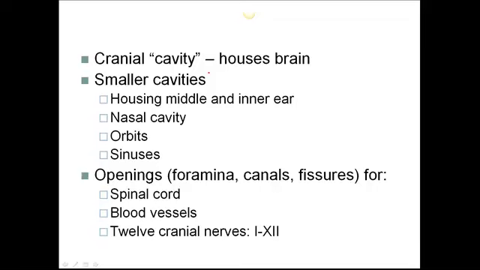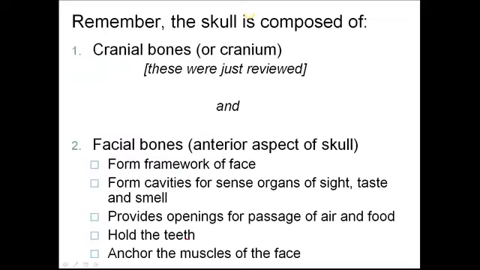The cranial cavity houses the brain. The smaller cavities are like the middle ear cavity, the inner ear cavity, the nasal cavity, the orbits, that's the eye cavities, and sinuses, those are just holes in bones. The openings and canals and fissures are for blood vessels and cranial nerves. The skull has cranial bones, we just went over those, and facial bones.